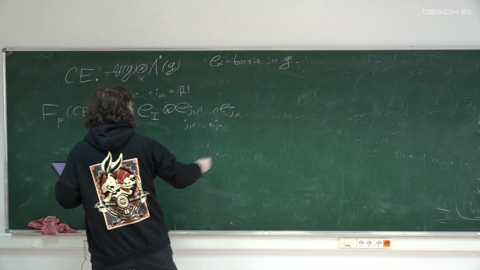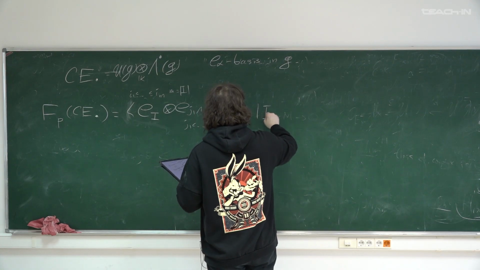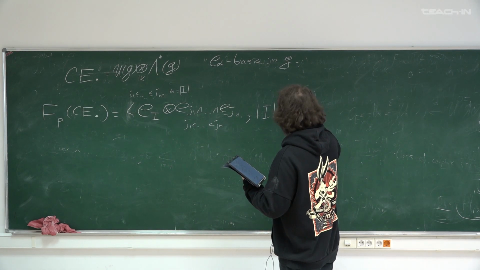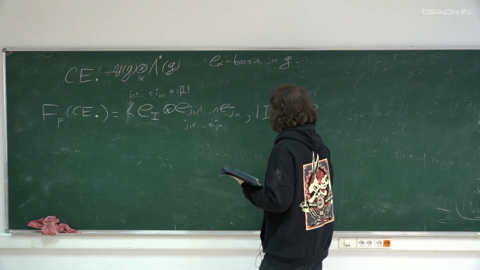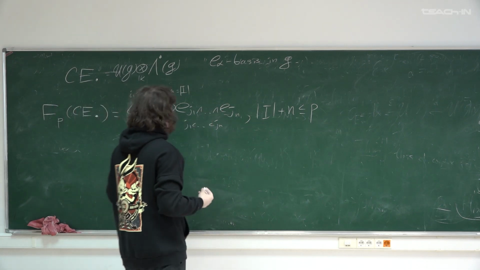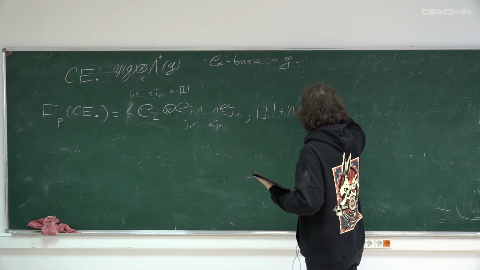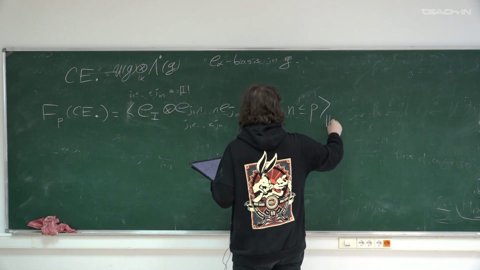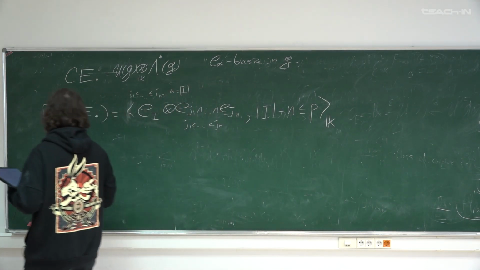And p means that the combined weight of these two monomials is not greater than p. So the length of this word and the length of this word are not greater than p in sum. This is the vector space generated by such monomials.